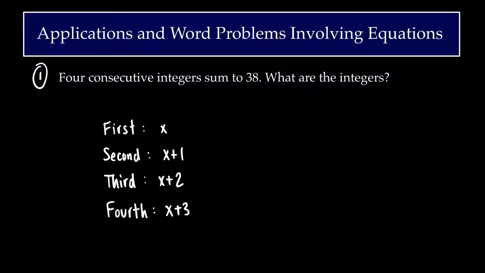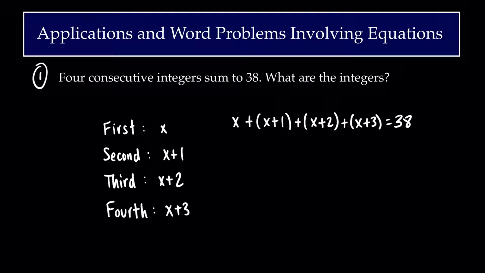And so now what we've got is 4 integers. We have written x for the first one, and everything is in terms of x. What we're going to do is take these 4 numbers and add them up, and in theory they should sum to 38. Sum just means add, so it should add up to 38. So we're going to take the first integer, and then the second integer, and then the third integer, and then the fourth integer, and altogether those should add up to 38.